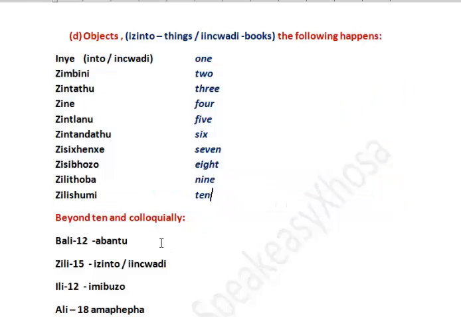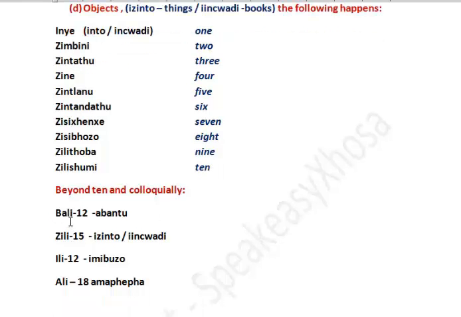Beyond 10, and this is really a colloquial way of counting, we would talk about people and say ba li 12. Your objects or things, zi li 15, for example. Imibuzo I li 12.